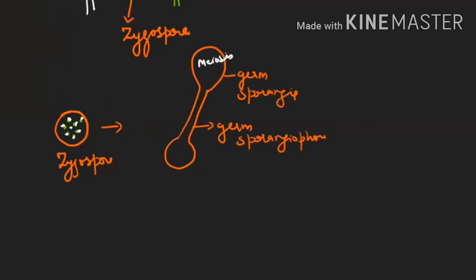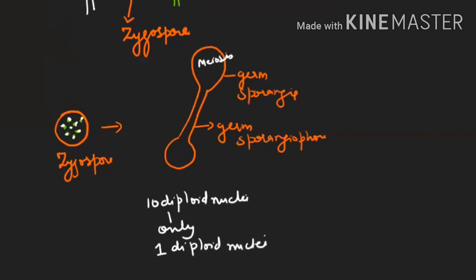Now let us assume, suppose there were 10 diploid nuclei. Only one diploid nucleus will go for meiosis. After meiosis, it will produce 4 spores, and only one type of spore will remain, 3 will be finished off.